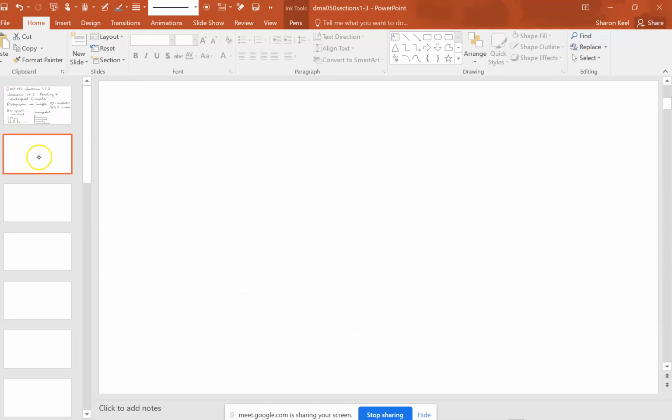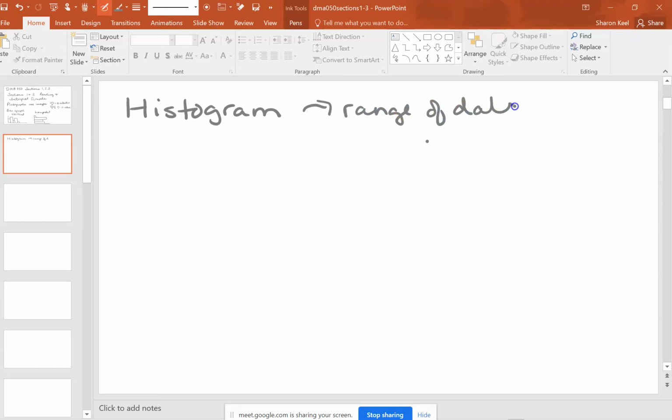Now, since I just mentioned a bar graph, let me share with you a special kind of bar graph called a histogram. With a histogram, that represents a range of data. For a histogram, what you would do first is tally data.